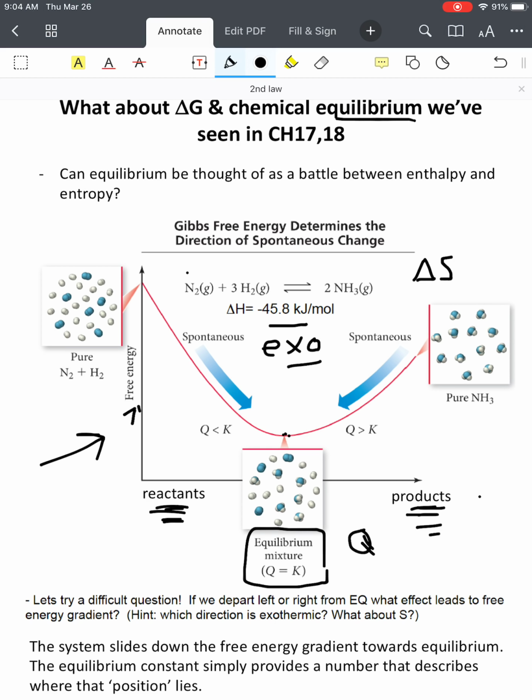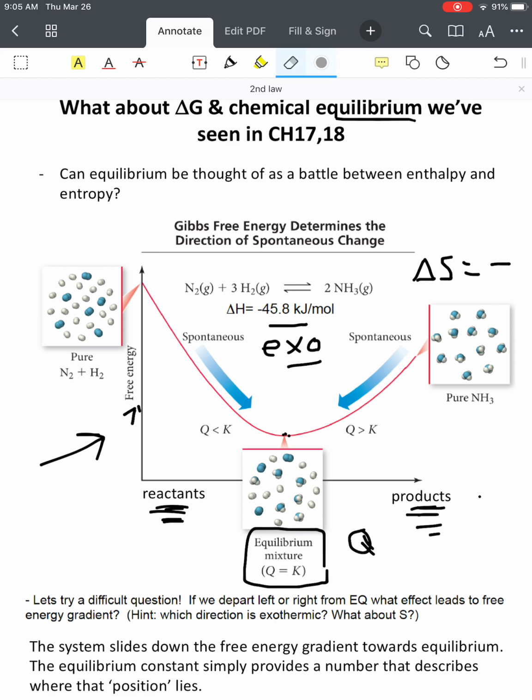We take 1, 2, 3, 4 moles of gas. And how many do we make? 2 moles of gas. All right? We take 4, we make 2. So what's the sign on our delta S likely to be? It's likely to be negative, isn't it, in the forward direction?